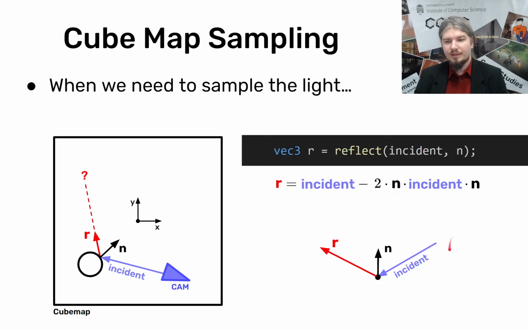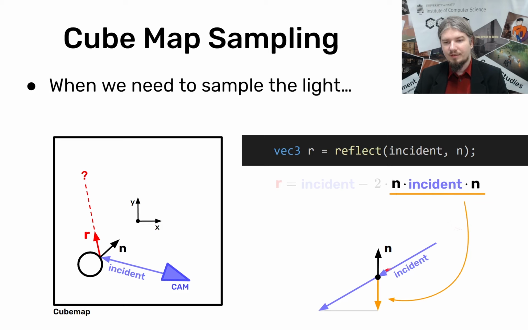So how does this work? Because the surface normal is normalized, what the dot product does is a scalar projection of the incident vector onto the surface normal. The incident vector is pointing towards our fragment. So to see the result that the scalar projection gives, we have to move it over here.